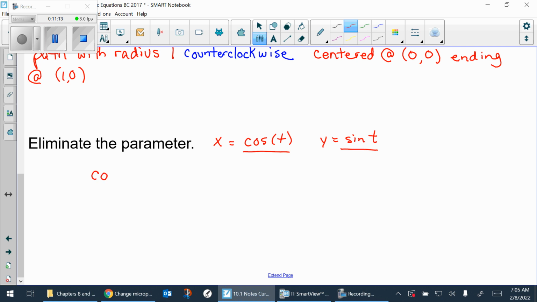We're aware that cosine squared of t plus sine squared of t is equal to 1.